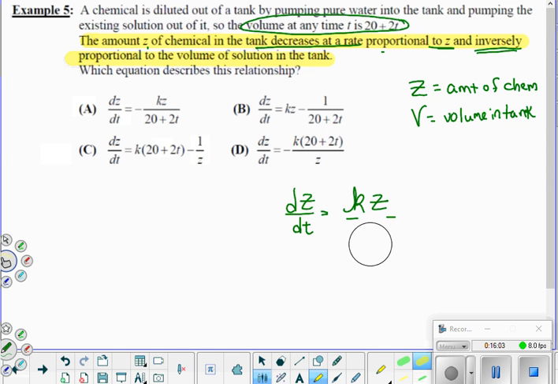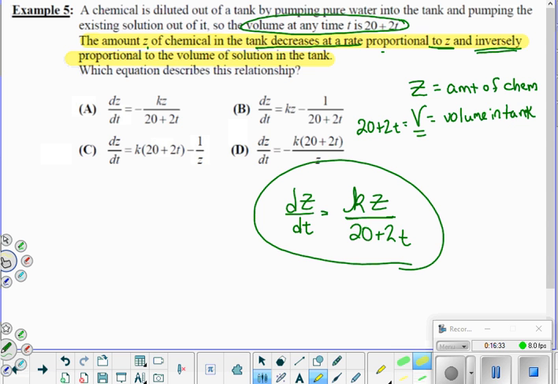Ooh, this was also equal to 20 plus 2t, wasn't it? So 20 plus 2t, just because I started looking at the answers given. And maybe my putting V in here was just me assigning a variable because that's what my brain did. But really that 20 plus 2t represents the volume in the tank. I think this is our setup. Does that match? It does indeed. It matches to A.